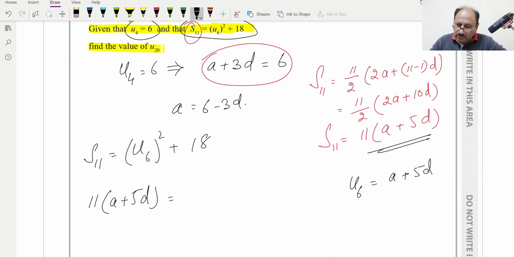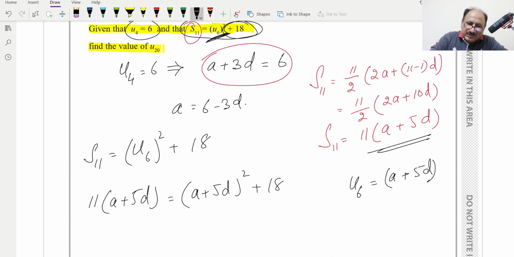So u6 squared, here they have written u6 squared, so a plus 5d squared plus 18, this 18 we got from here. Now we can simplify this equation, and we will replace this value.